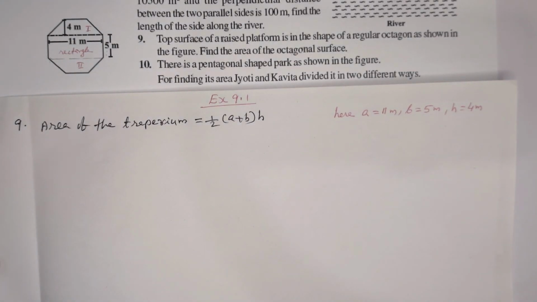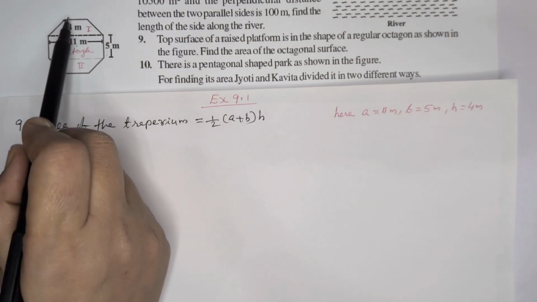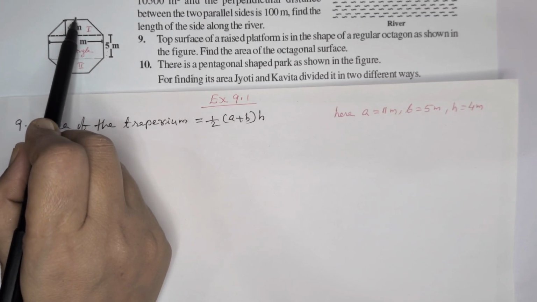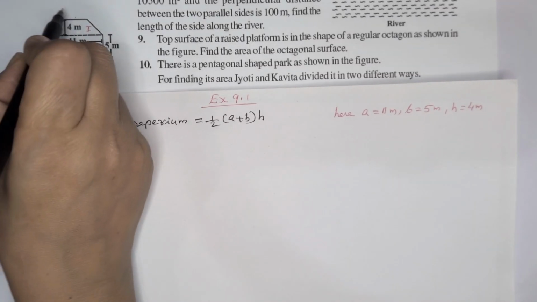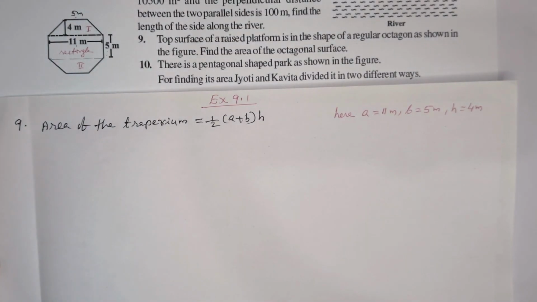So first we can find the area of the trapezium. Here A is equal to parallel sides, A is equal to 11 meter. The other side B is equal to 5 meter. Opposite side. Regular means all sides are 5 meter in this figure.